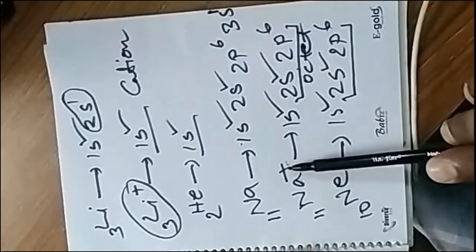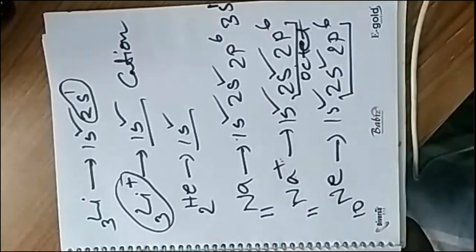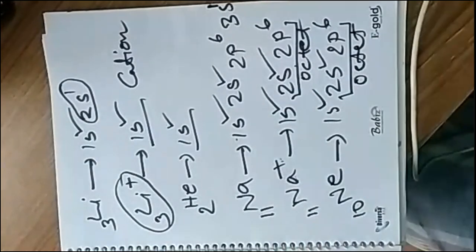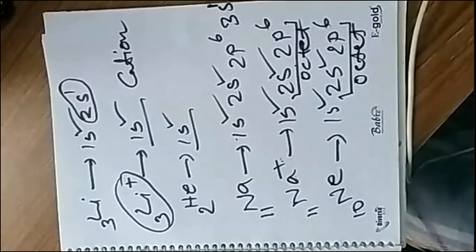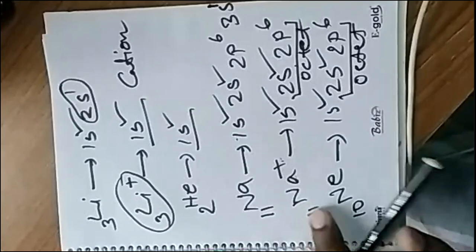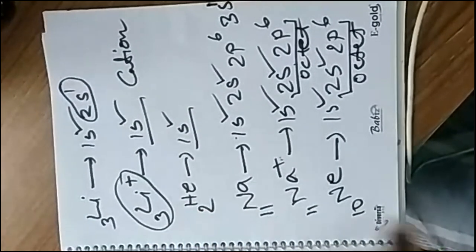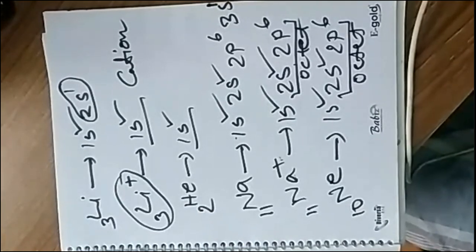So this is the plus charge. This is clear to you, and this is octet filled up. So by this way we can say every element, when donating electrons, tries to achieve the electronic configuration of the nearest inert gas. You know, helium and neon, both of them are inert gases. Okay, I am going to my screen share again.